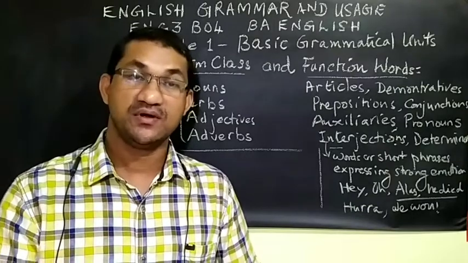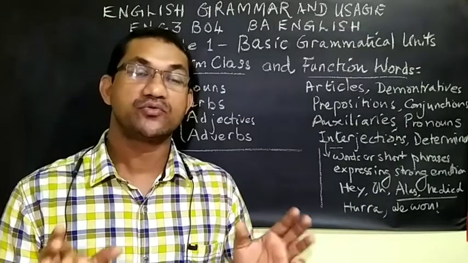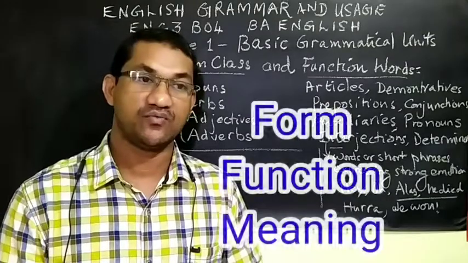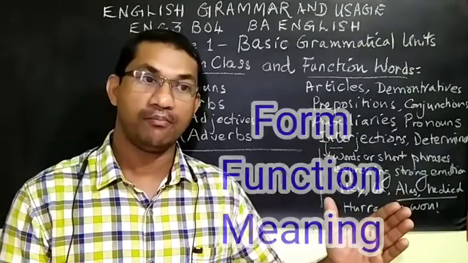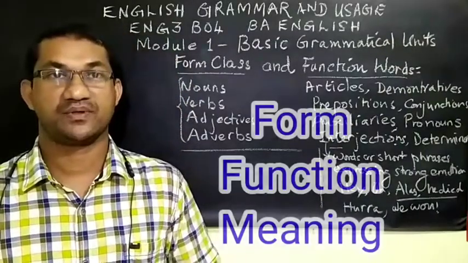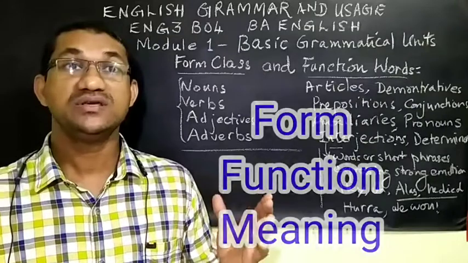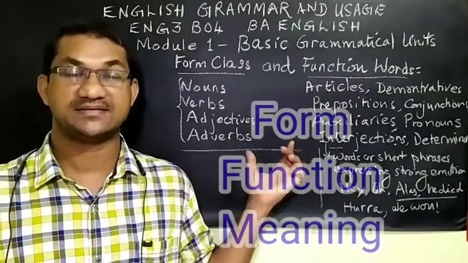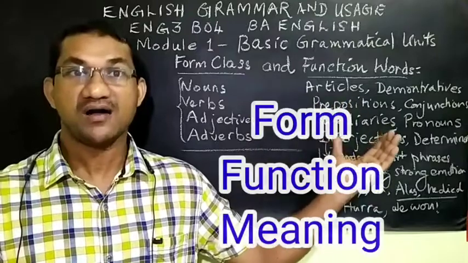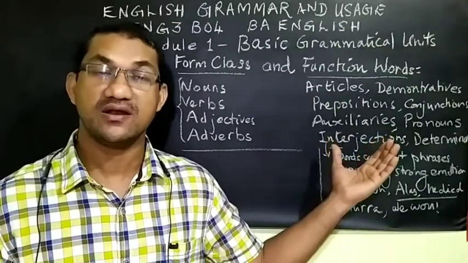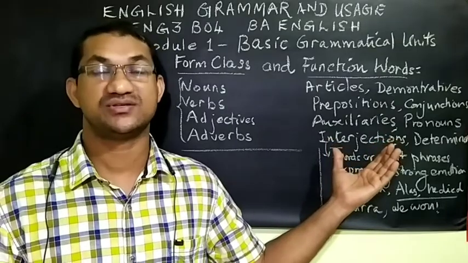Now we have to familiarize ourselves with three important basic notions of grammar, which are form, function and meaning. All these vocabulary items, the form class words and the function words, function differently in different sentences.